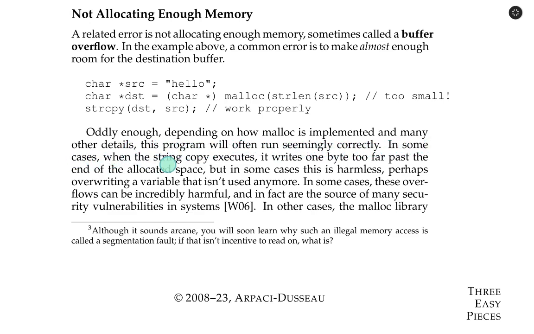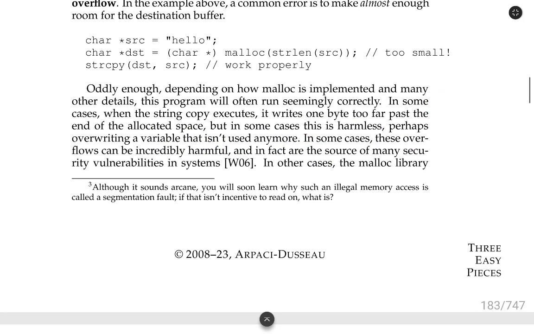In some cases, when strcpy executes, it writes one byte too far past the end of the allocated space. But in some cases, this is harmless, perhaps overwriting a variable that isn't used anymore. In some cases, this overflow can be incredibly harmful and is the source of many security vulnerabilities in systems.